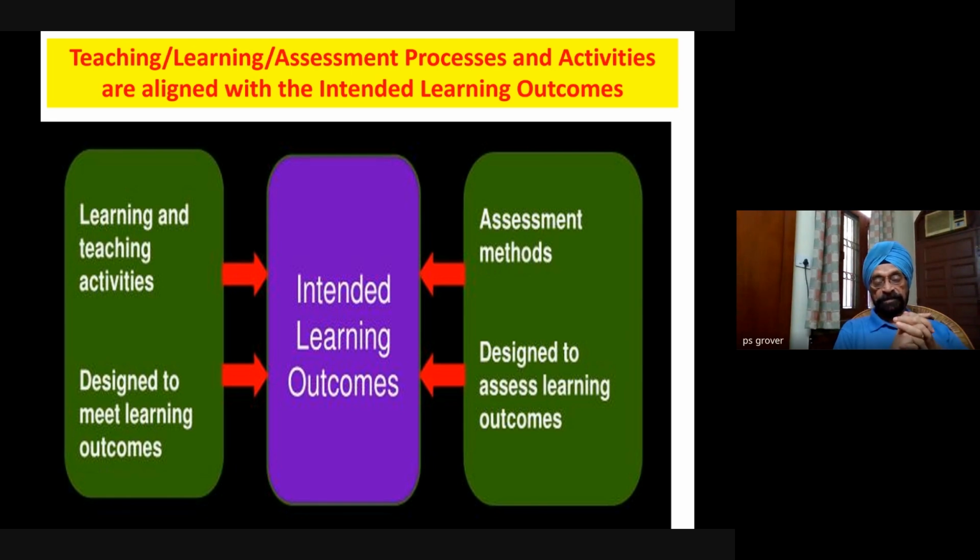That means if it is a certificate course, what level; diploma course, what level; degree course, what level, and so on. That means intended learning outcomes we decide beforehand. Once we have decided them, then learning and teaching activities are designed to meet them. Assessment methods and learning outcomes are implemented in such a way that what we wanted the students to learn, they are able to learn and demonstrate.